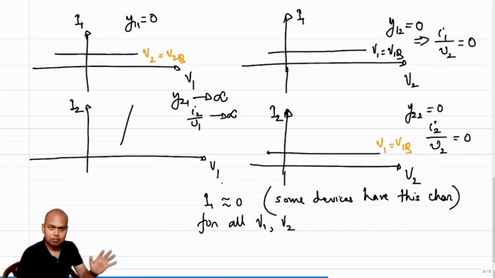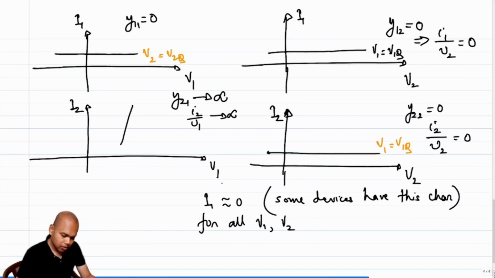This is again the characteristics of certain devices. Okay, so now if I get I1 equal to 0 for any V1 and V2, I need not bother about the top 2 plots, right? Then I can as well say that forget about them, let's concentrate on the other 2 plots.